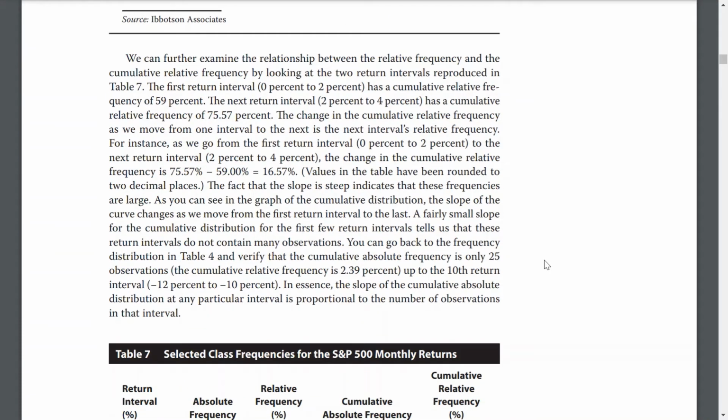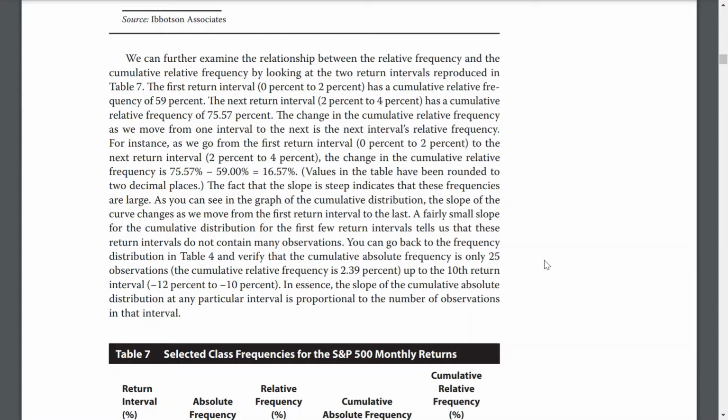We could further examine the relationship between the relative frequency and the cumulative relative frequency by looking at the two return intervals produced in Table 7. The first return interval, 0% to 2%, has a cumulative relative frequency of 59%. The next return interval, 2% to 4%, has a cumulative relative frequency of 75.57%.